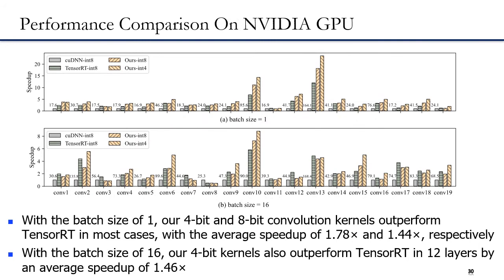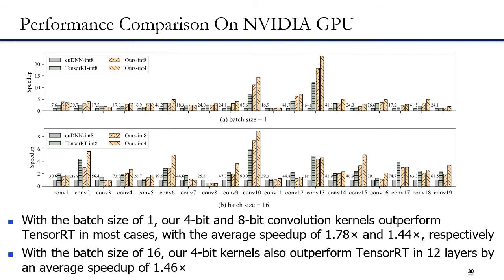This figure shows the performance comparison on GPU. We can see that with a batch size of 1, our 4-bit and 8-bit convolution kernels outperform TensorRT in most cases, with an average speedup of 1.78 times and 1.44 times, respectively.